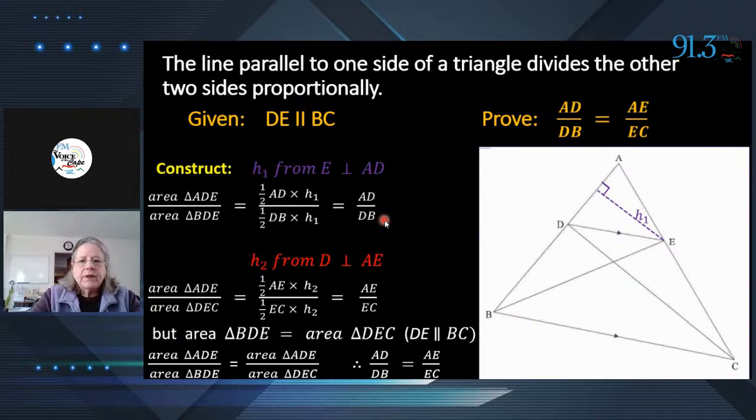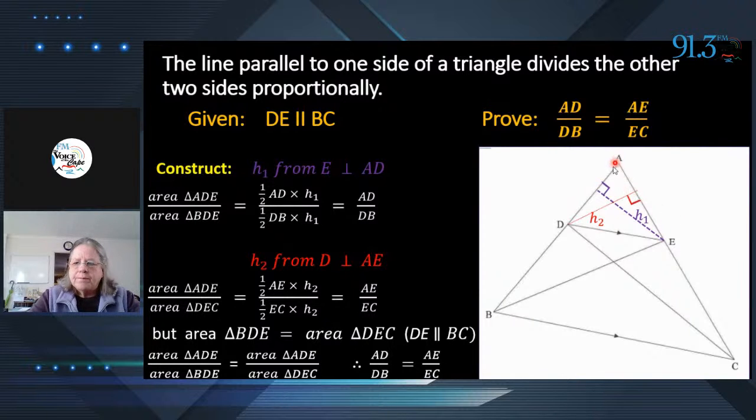Now, similarly, we obviously have to continue because we've done this side. We now have to bring this proportion into the proof because they are equal to each other. So we will draw H2 from D up to AE, and it's perpendicular, and we'll call it H2. So we do the same thing, but now you have to look from the other side of the picture.